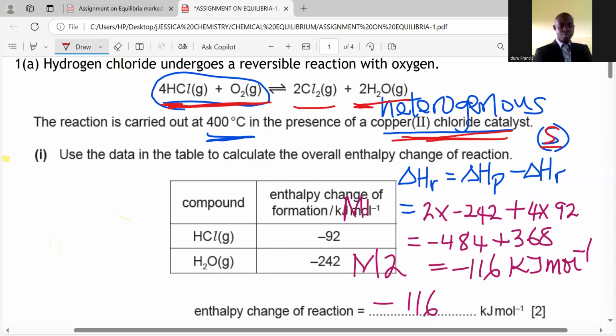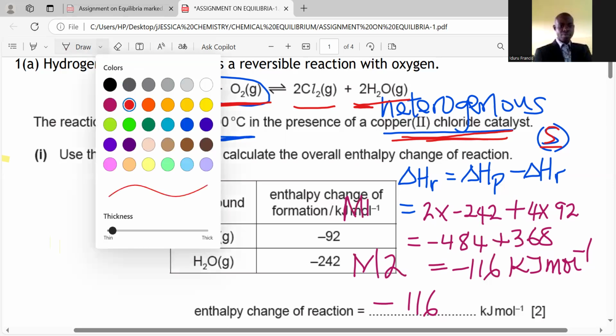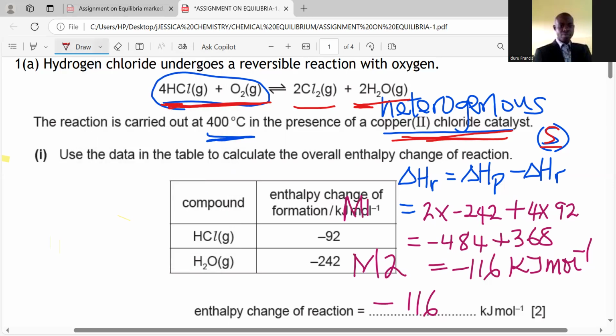So we are only given the enthalpy change for the formation of steam and hydrogen chloride gas. For the product, which is steam, the enthalpy change is minus 242 times 2. Why times 2? Because that's the mole of steam. Then for the reactant, which is HCl, the enthalpy change of formation is minus 92.